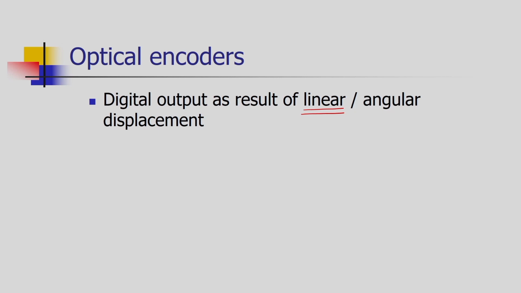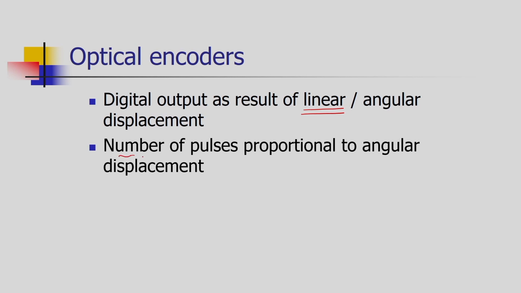So in angular displacement, we are using a disc. In linear encoders, we are using a strip with holes. Number of pulses generated are in proportion with the angular displacement. So by counting the number of pulses, by counting the frequency of pulses, you can easily compute the angular velocity.